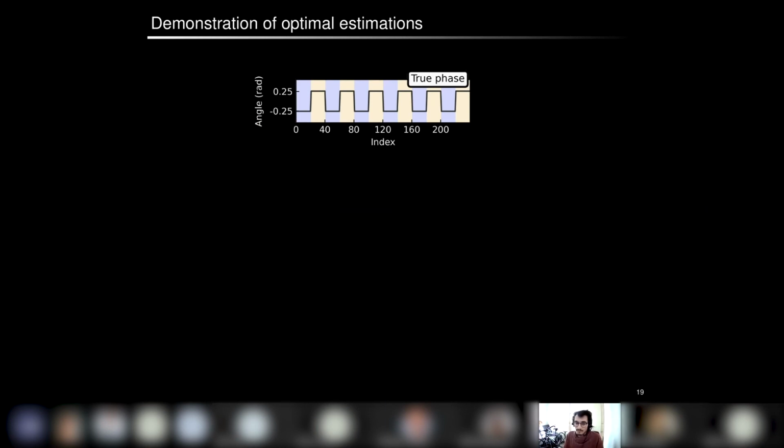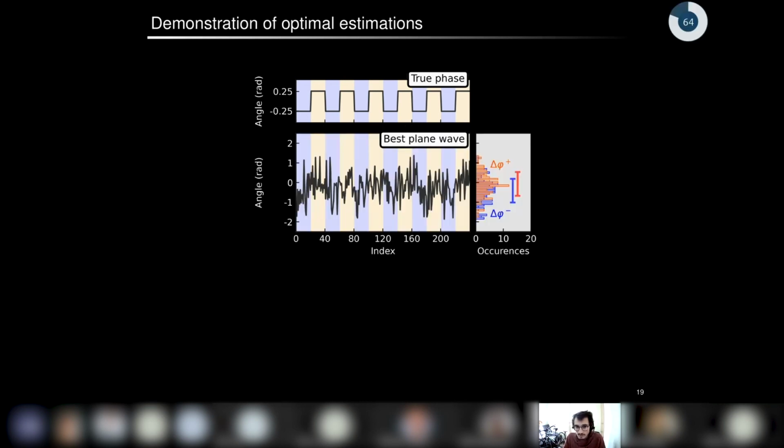So what we did is we changed in steps the phase of the cross from minus 0.25 radian to 0.25 radian. And we first send the best plane wave and measure the reflected field. And from this reflected field, we apply a good estimator and we try to estimate this angle. And for this best plane wave, you can see that the noise is too strong. You cannot see anything.